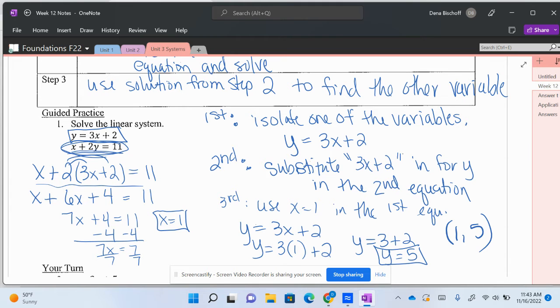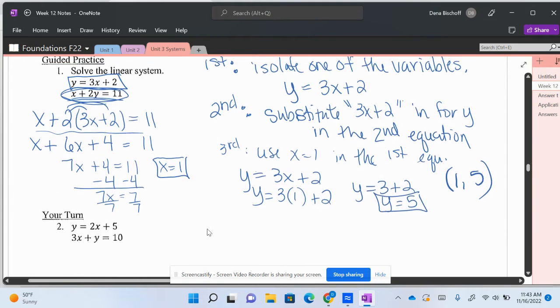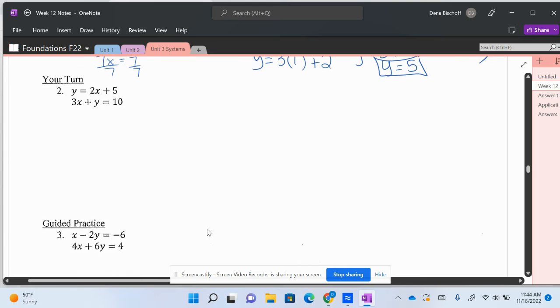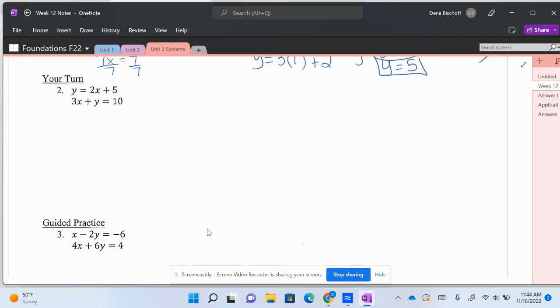Okay. All right. So for the one that says your turn, number 2, we're going to talk about it, but I'm not going to write down the steps, okay? So what do we do first? Isolate a variable. Do I have a variable isolated? Yes. This represents y. Does everybody see that? So it says y equals this.